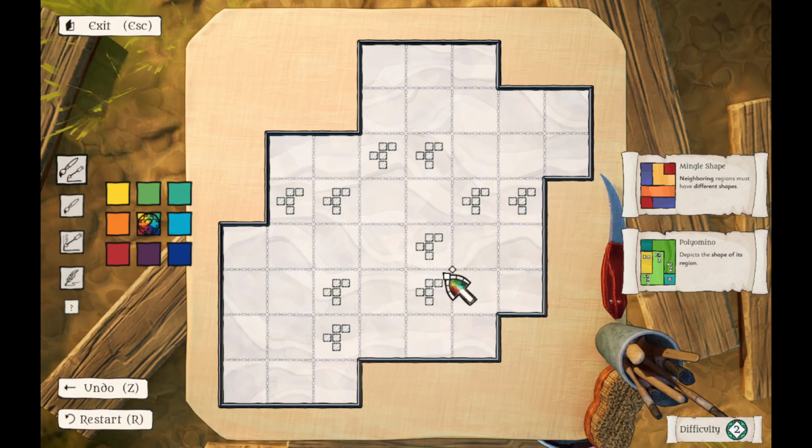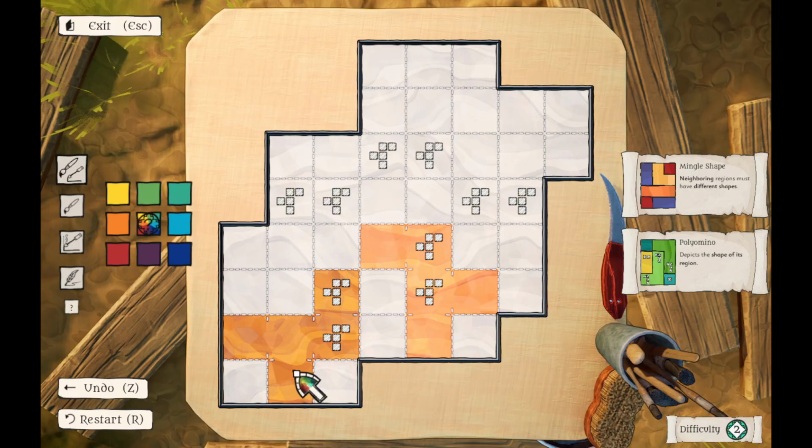But I can't let any of these touch. Yeah, so that's going to be a tricky one to fit in without running into either these or this.